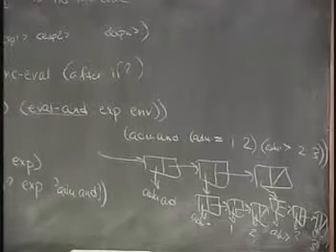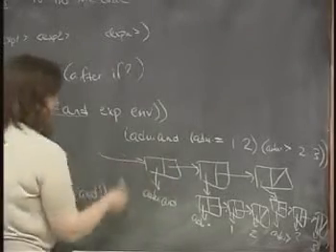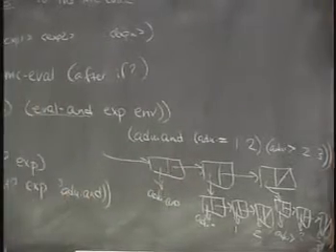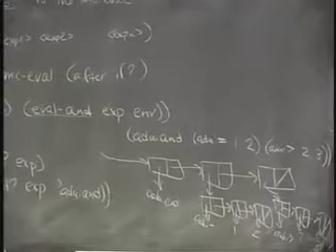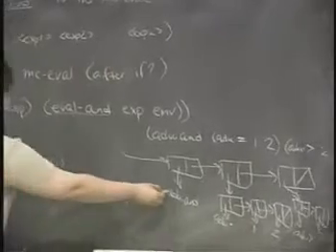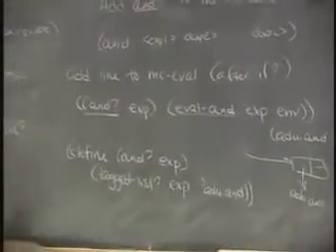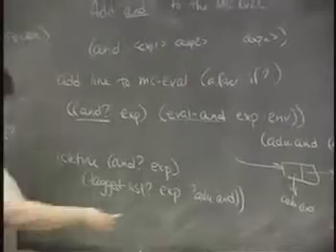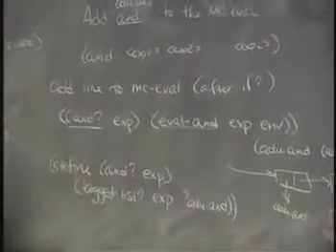So what tagged list does is it checks to see if the car of the expression is EQ to the tag. In this case, our tag, what we're using as our operator, is ADU colon and.